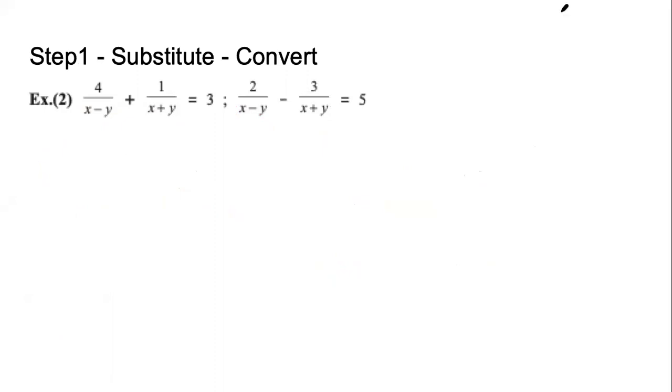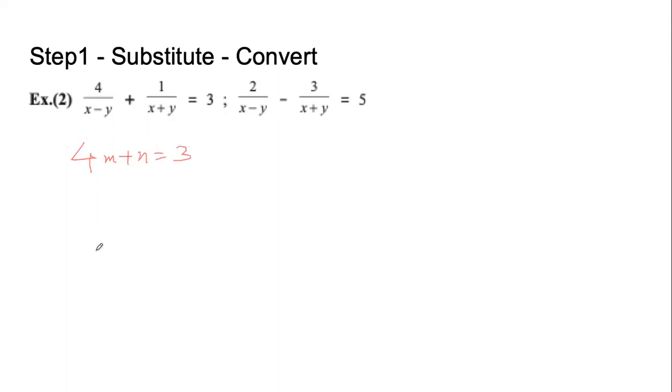Waiting for your answers. Thank you, Chand. 4m plus n equals to 3.